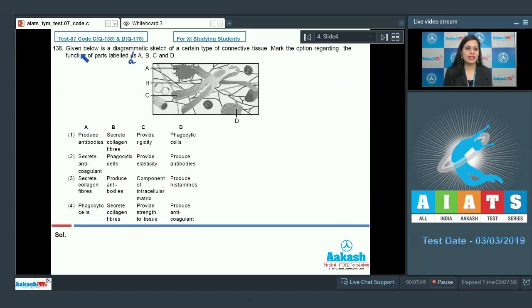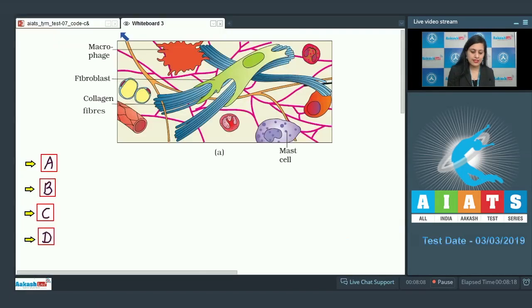Question number 138. Given below is a diagrammatic sketch of a certain type of connective tissue. Mark the option regarding the function of parts labeled as A, B, C and D. And this is the diagrammatic sketch of connective tissue in which A, B, C and D represents. You can see here.